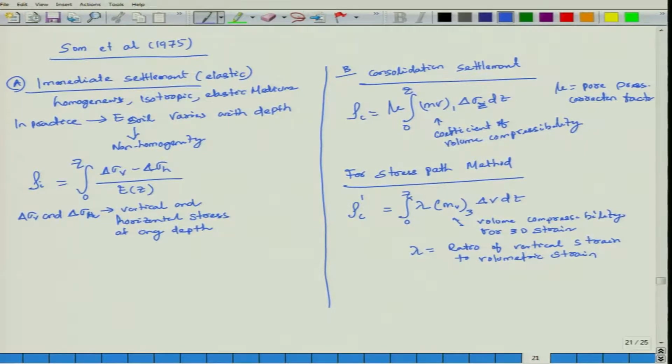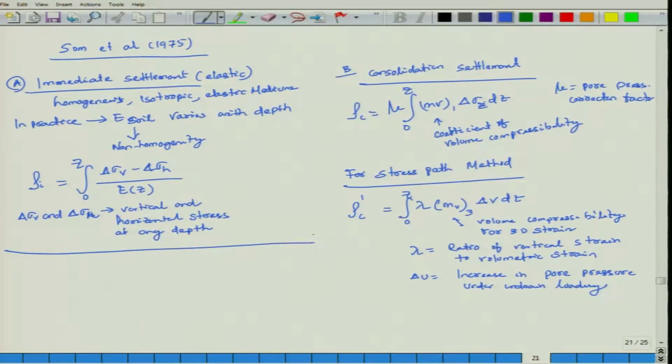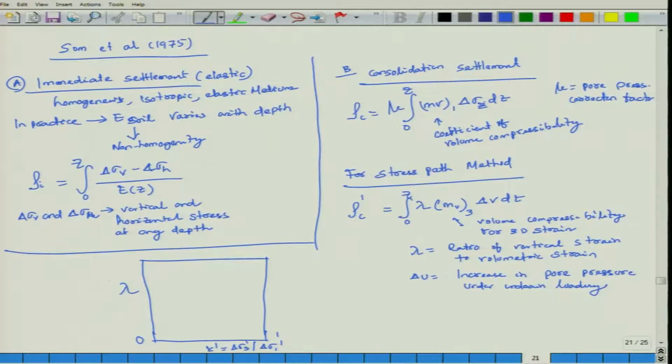So, delta U is your increase in pore pressure under undrained loading. If I draw a graph here, it has been given in graphical form, this is your 0 to 1 and this is your k prime, which is equal to delta sigma 3 prime by delta sigma 1 prime, and this is your lambda, it is varying 0 to 4.0.